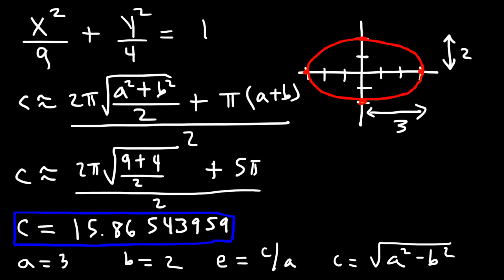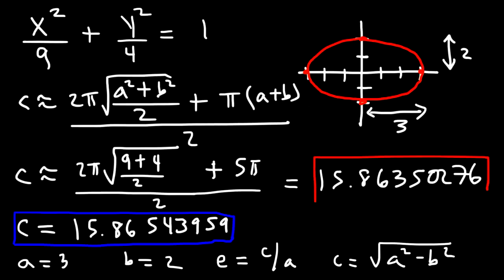So we have the square root of 13 over 2, all inside the square root, times 2 pi, and then plus 5 pi, all divided by 2. And so this is equal to 15.86350276 based on my calculations.